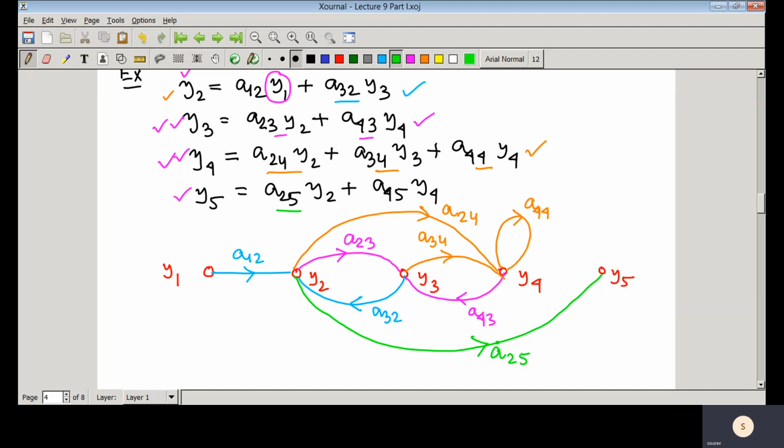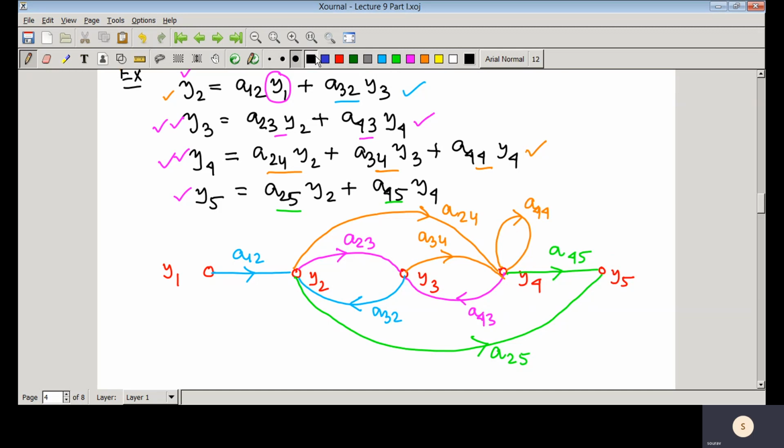This is very important in a signal flow graph. Do not forget to give that arrowhead, because without the arrow symbol a signal flow graph does not make sense. And then the last one is A45 into Y4. So there is a branch here, this is A45. So this is the signal flow graph corresponding to this set of algebraic equations.